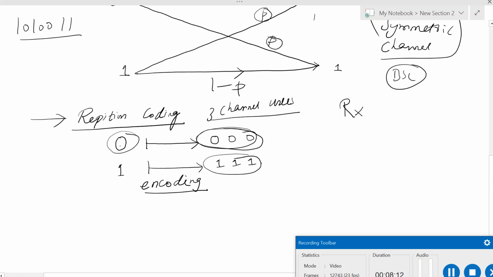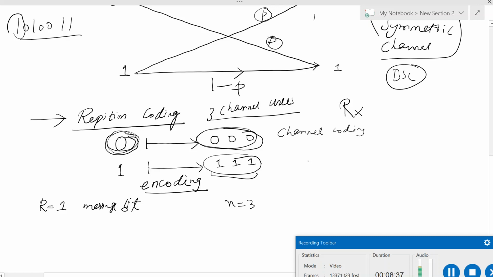So you are mapping k equal to 1 message bit, which you chose from this message signal, to n equal to 3. This is called channel coding.